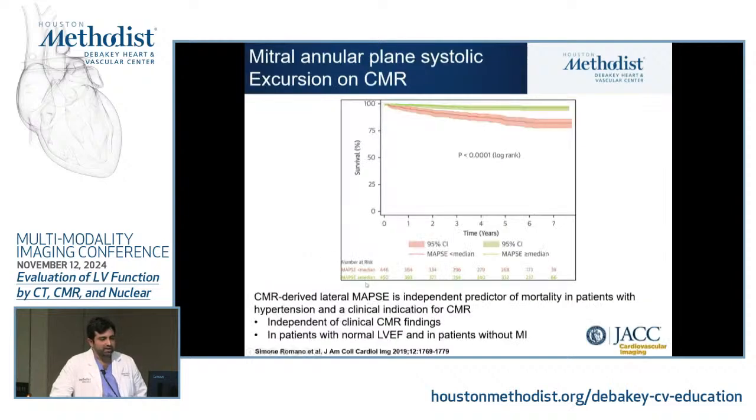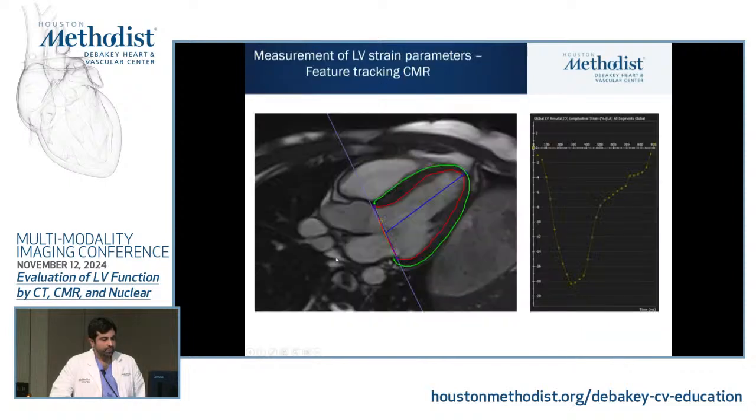In terms of non-EF systolic measures, there's the MAPSE, which is the mitral annular systolic excursion, that descent of the annular plane during systole. Essentially, that's also found to be prognostic on MRI, independent of imaging findings and clinical parameters, as well as in people with normal EF.